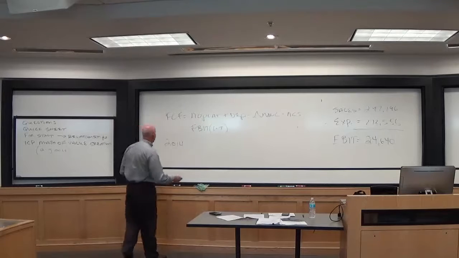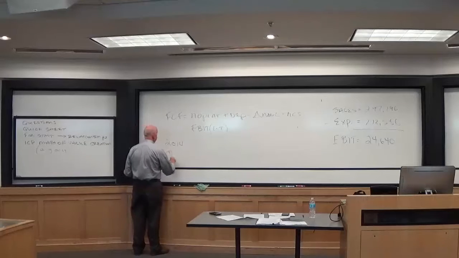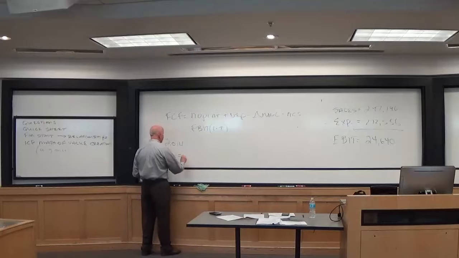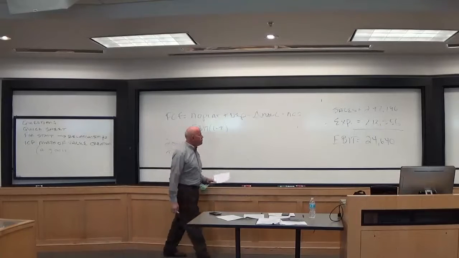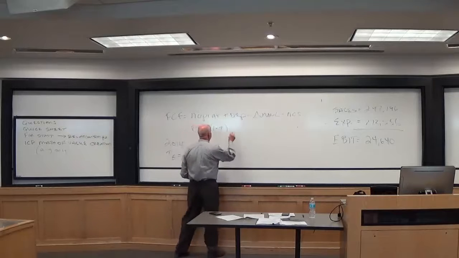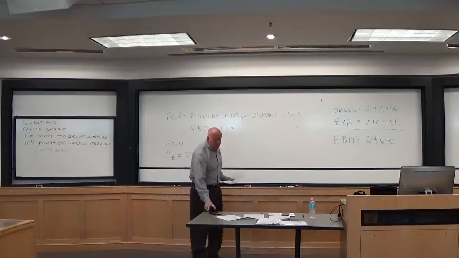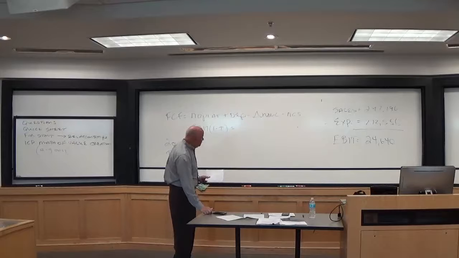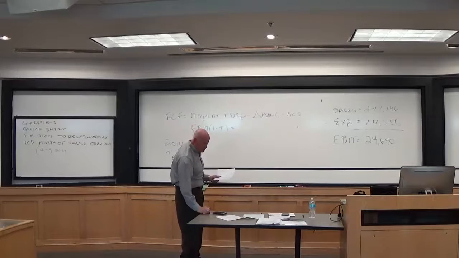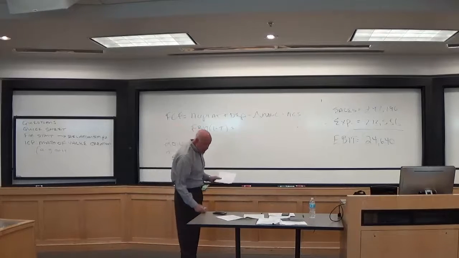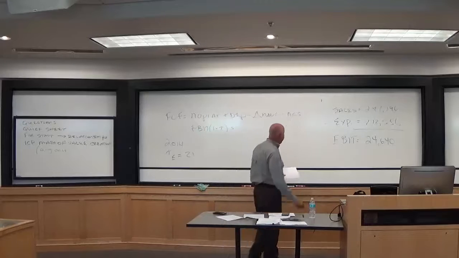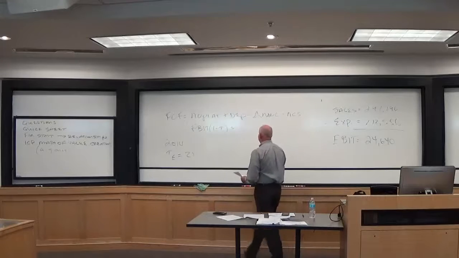So let's just assume that we've got a tax rate on EBIT of 21%. In that case, what's our NOPLAT? We're going to take 24,640 and multiply it by 0.79, I think. Isn't that 1 minus 0.21? Yeah. And I think that's 19,456.6.